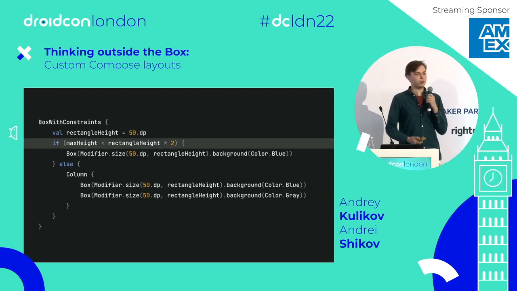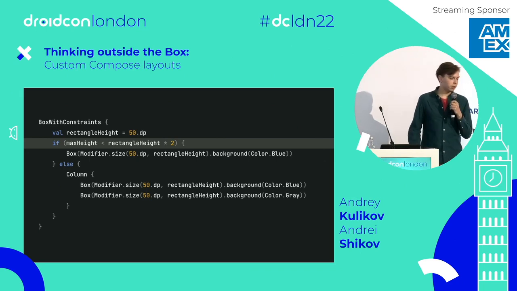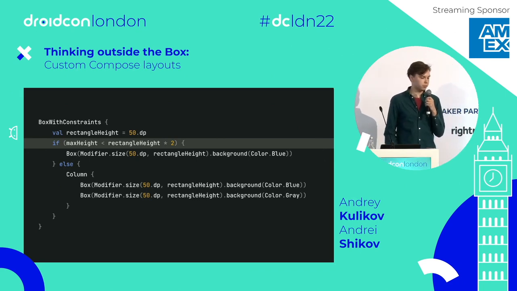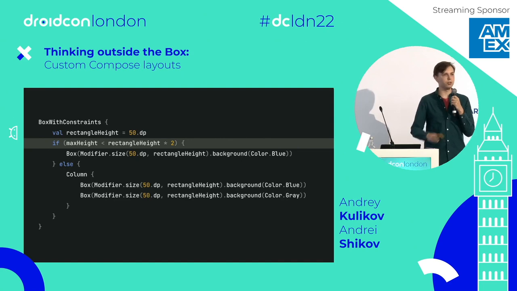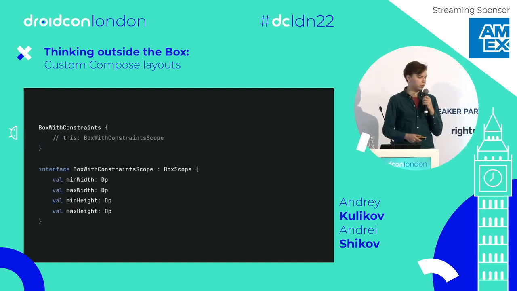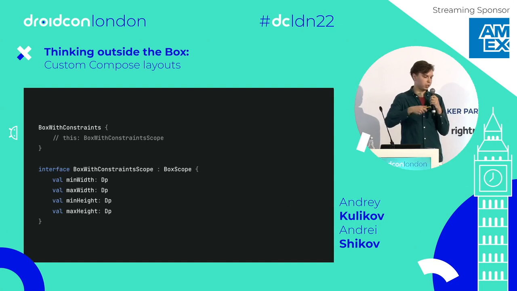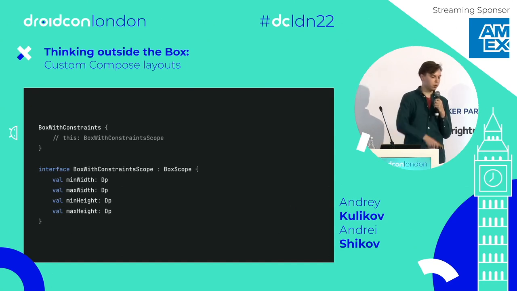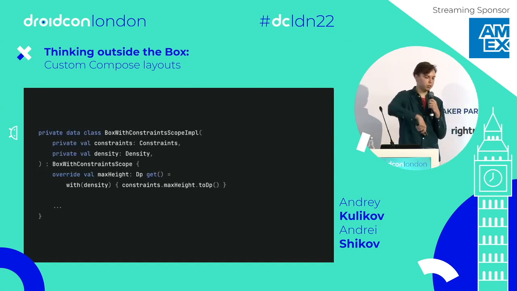So it provides us the constraints, max, min, width, height, and also all the things that Box provides to us. And here we just use this max height to figure out if we want to put the rectangle on screen or not. Inside of it, if you just command click through, you will see it has this constraints scope, which propagates the constraints for us.